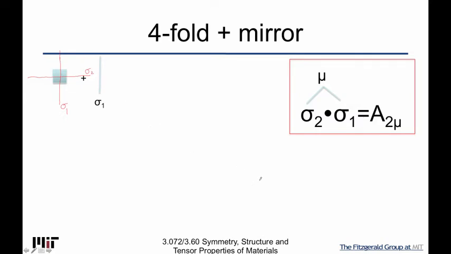Sigma 2 and sigma 1 are the same because the fourfold symmetry automatically causes that. It is not created by our combination theorem, right? So I'm going to have sigma 2 anyway, which is 90 degrees rotated from sigma 1 just by the fourfold symmetry. So let's forget about that for a second.